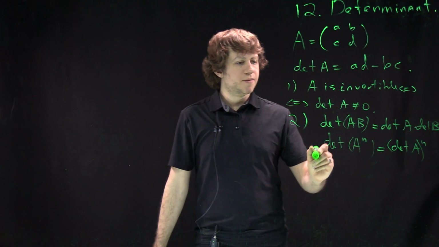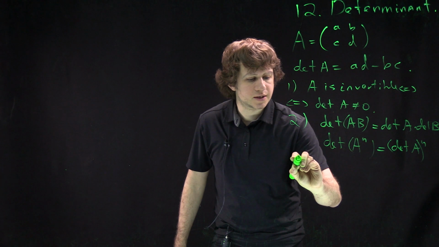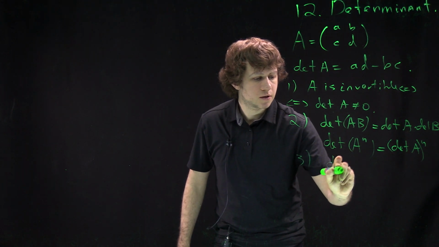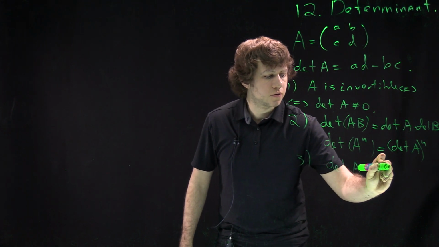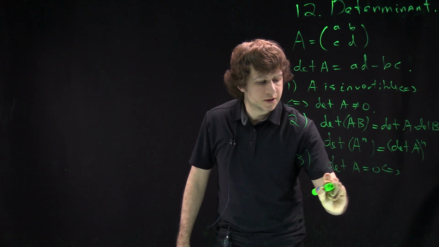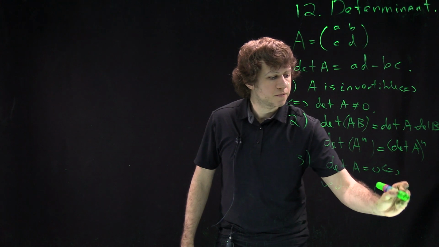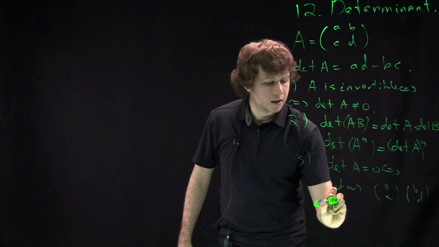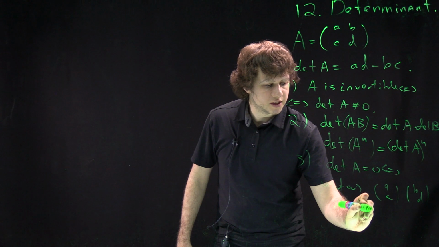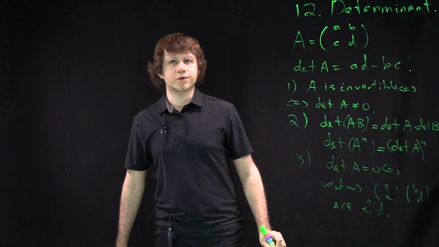So maybe property 3 is that the determinant of A equals 0 if and only if the vectors (A, C) and (B, D) are linearly dependent. So that's the third property.